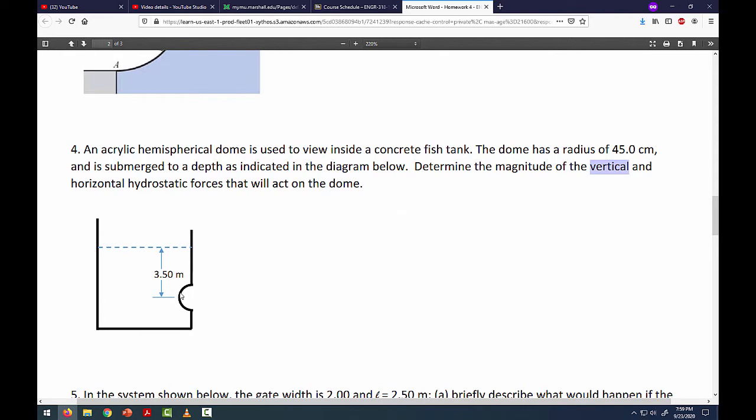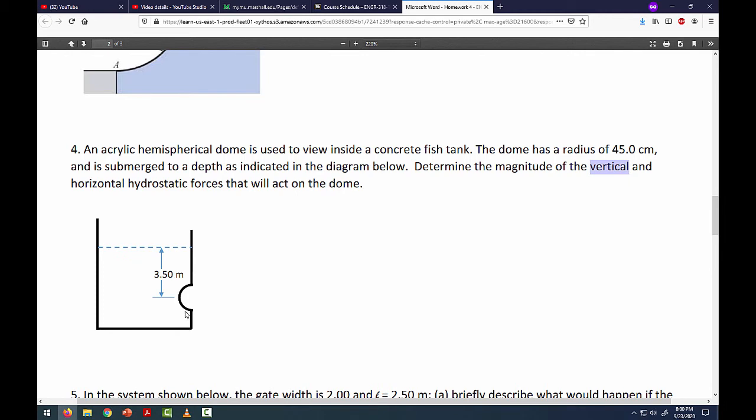It's related to the weight of the water above the hemisphere and also the forces coming from underneath it. In many of the previous examples we've looked at, there hasn't been anything under the curved shape. In this case, there is. There's pressure forces coming from above, vertically, and there's also pressure forces coming from underneath.